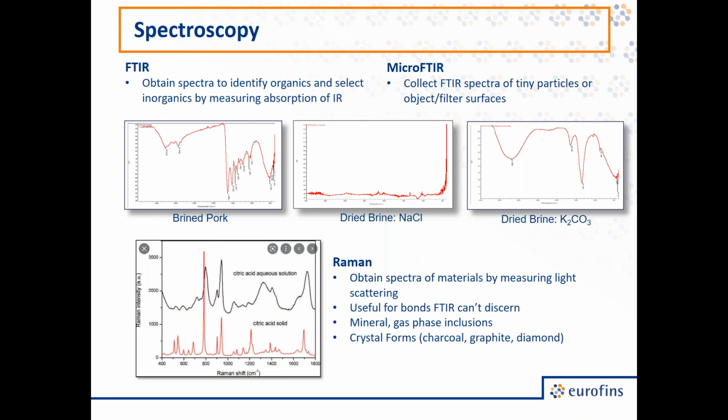These showed up as protein, which we can attribute to the pork product that it was based on. This was in a brine, so we expect salt. We get a spectrum consistent with that. And there were other areas that showed carbonate. And so we can separate some of the different materials by looking at what appear to be different things. Looking at them with micro FTIR, we can identify different components.